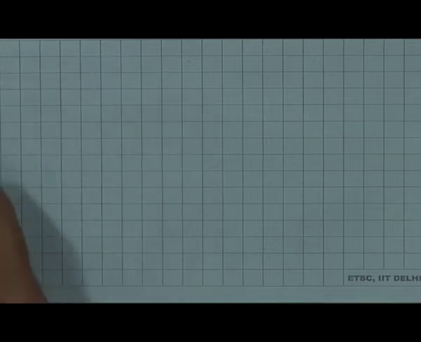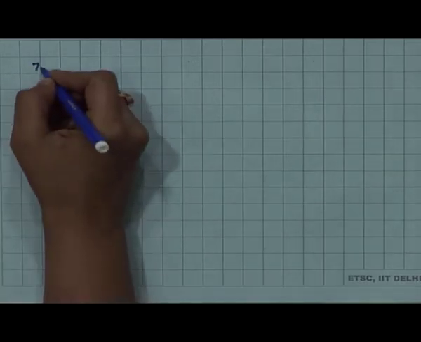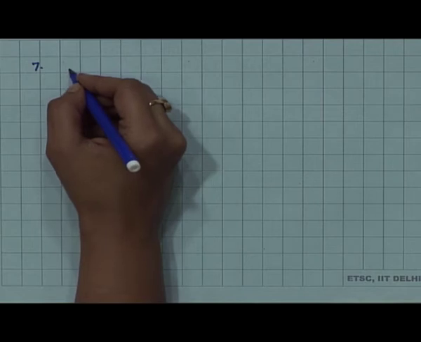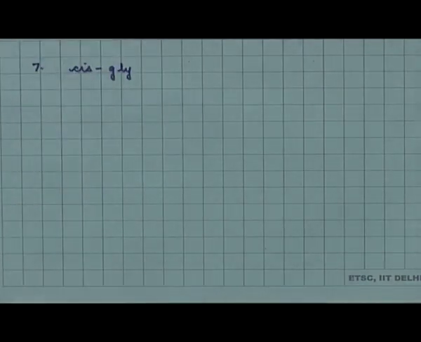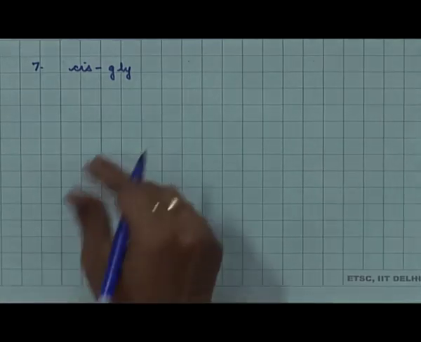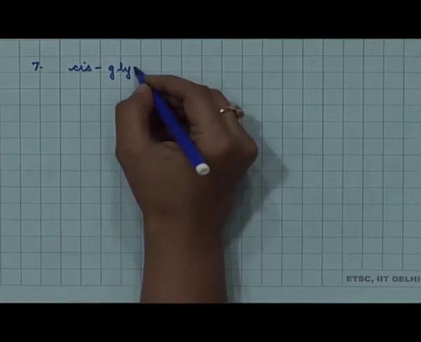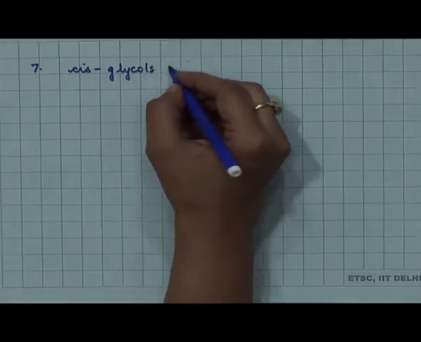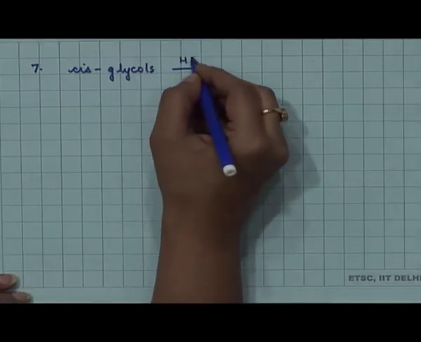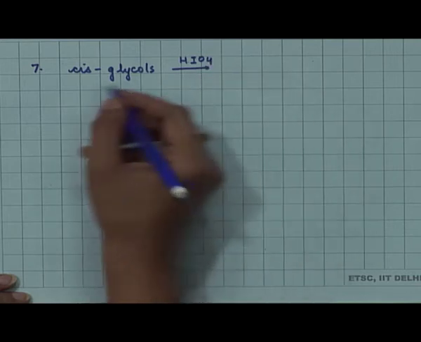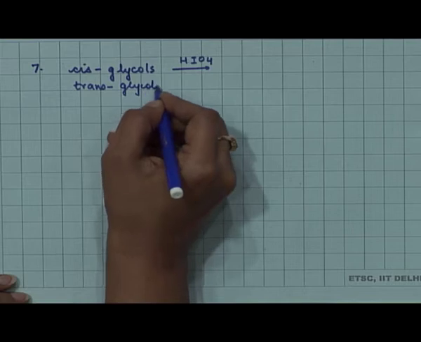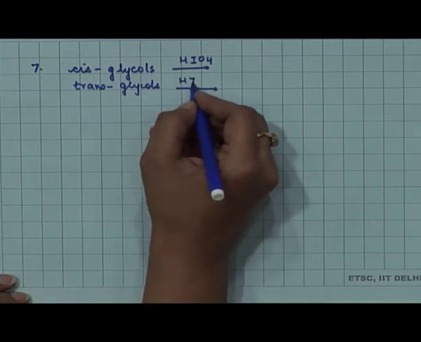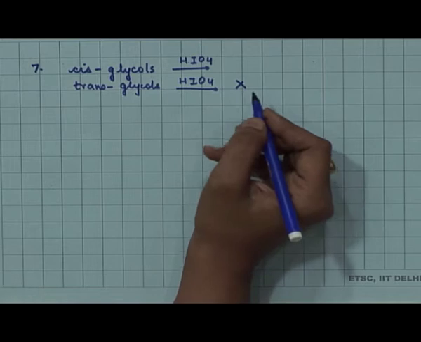Another important thing to note is that for periodic oxidation, we are taking into consideration the stereochemistry as well. With cis glycols, these are oxidized by HIO4, but if you start with trans glycols, these are not oxidized by HIO4.